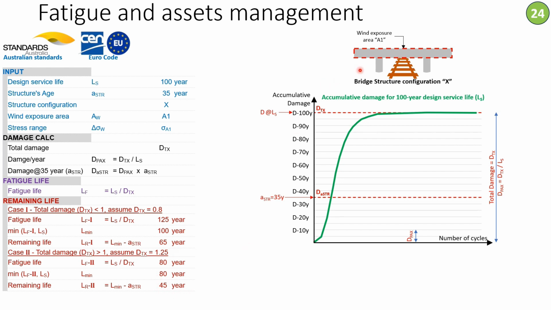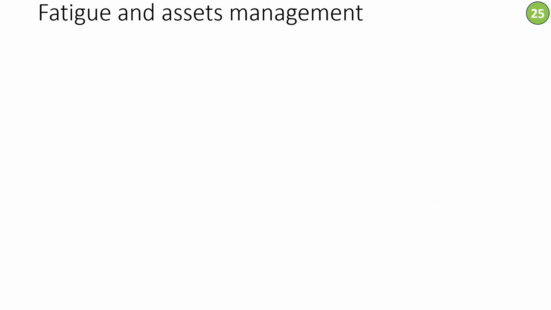That means we should not expect failure due to fatigue for another 45 years. And this structure is unable to serve the full service life of 100 years. It's only able to serve 80 years. This is a real life example to calculate the remaining useful life based on Eurocode using Miner's rule.